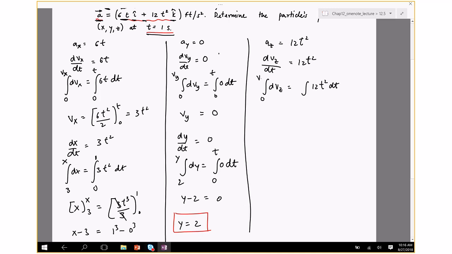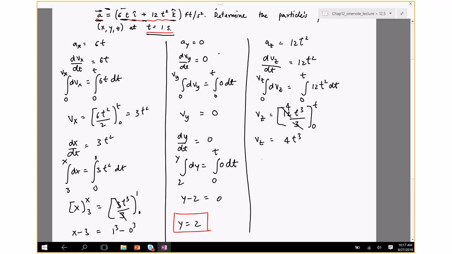We want to find the velocity vz as a function of time, so the upper limit is vz. The lower limit for time is 0. The upper limit for time is t. So we have vz equals 12t cubed divided by 3, evaluated from 0 to t. So vz equals 4t cubed.